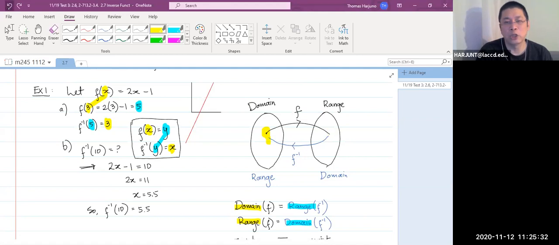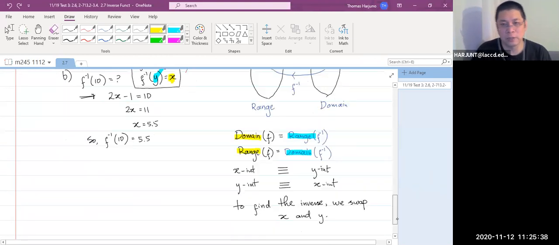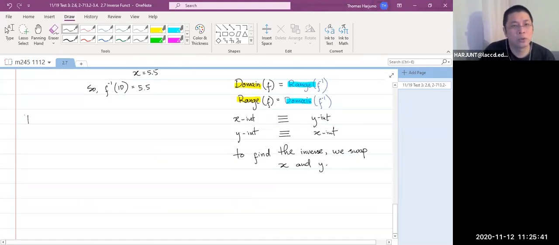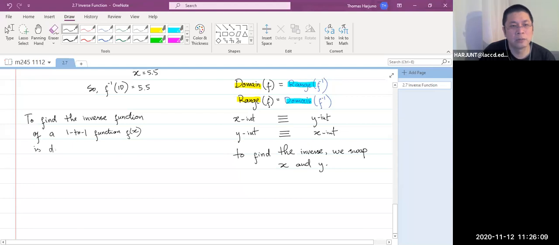Now you will see eventually the procedure to find an inverse is the following. To find the inverse function of a one-to-one function is done in 4 steps.